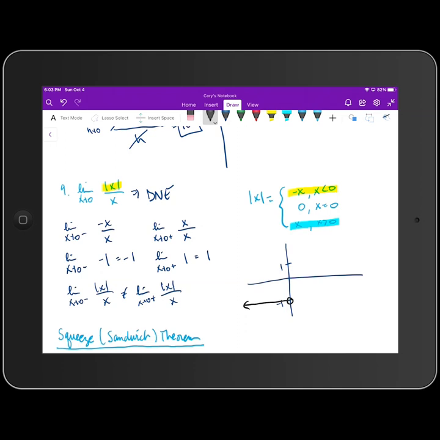And then when the x values are bigger than 0, you're going to have a hole at the point 0, 1. And your line is going to extend to the right. Okay, and when we see the left and right hand limits, those two limits are not the same. Therefore, that limit is not going to exist.